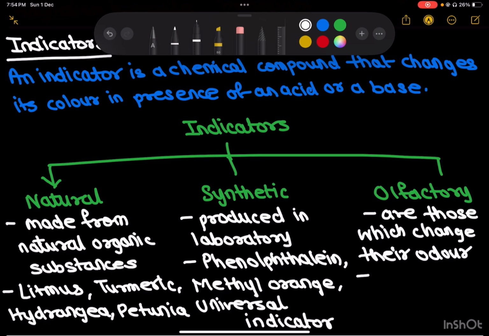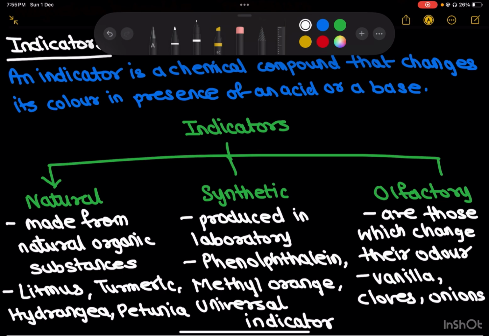Some examples of olfactory indicators are vanilla essence, cloves, and onions. Onions also change their scent or odor when these are mixed with an acid or a base.